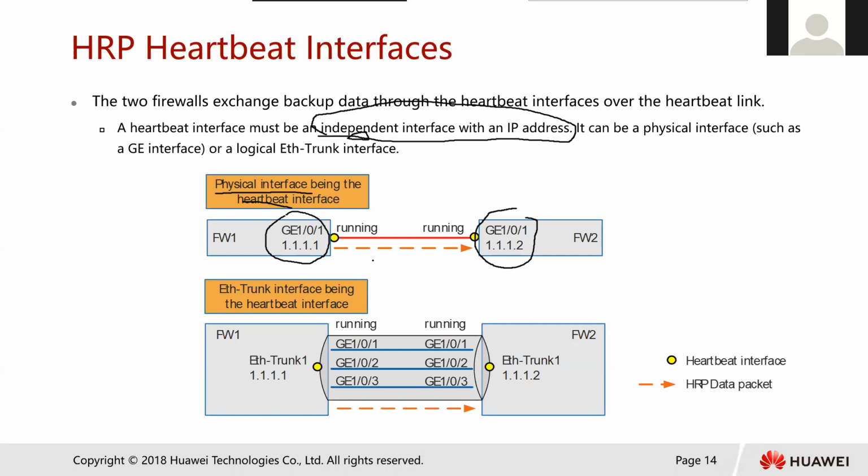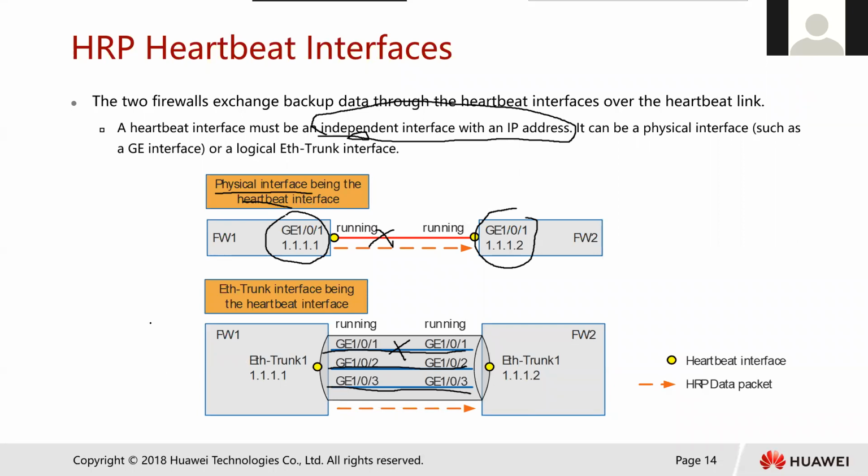The heartbeat interface also faces a problem: if the heartbeat link is down, it will cause problems. To address this, we can add many interfaces into an Eth-Trunk, so that if one link is down, we can still do heartbeat detection. That's why we add many physical interfaces into one logical Eth-Trunk interface. This is for the heartbeat interface.